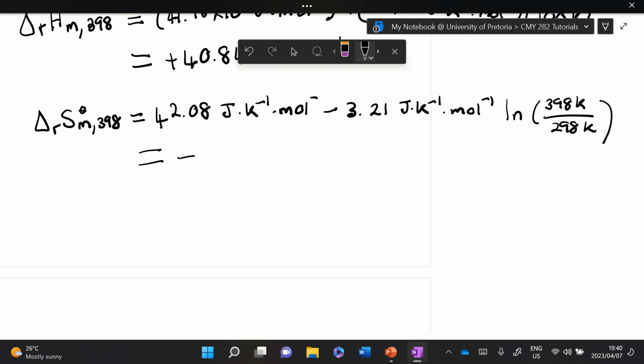And that can give you a value of 41.15 joule per Kelvin per mole.